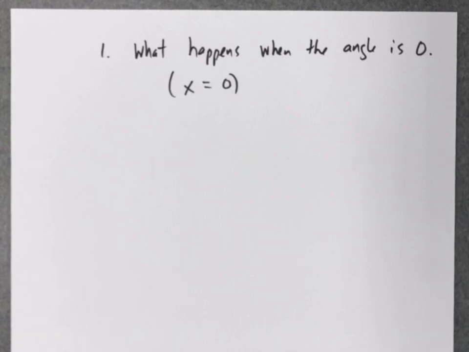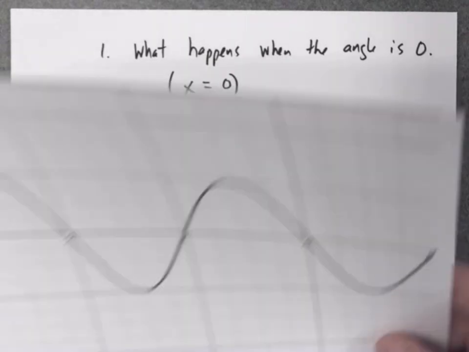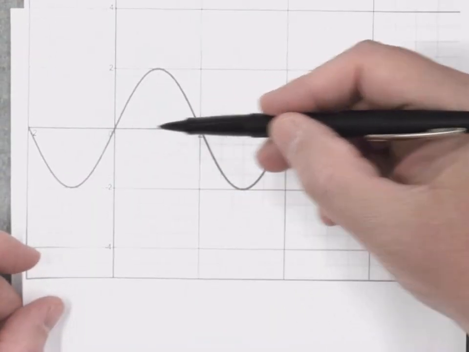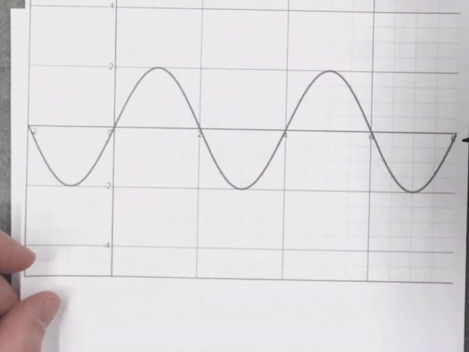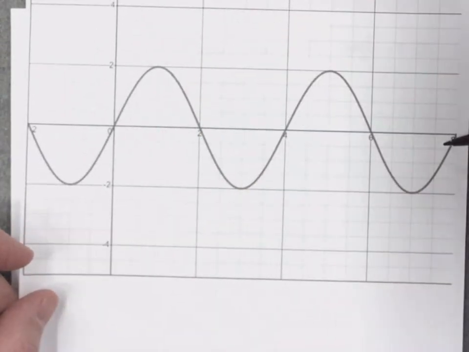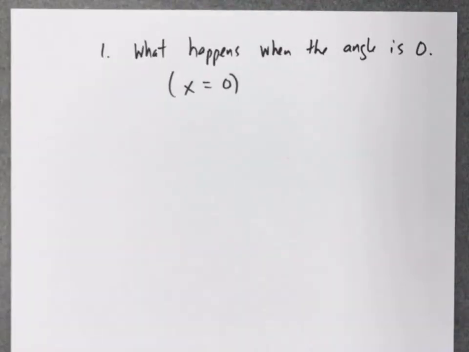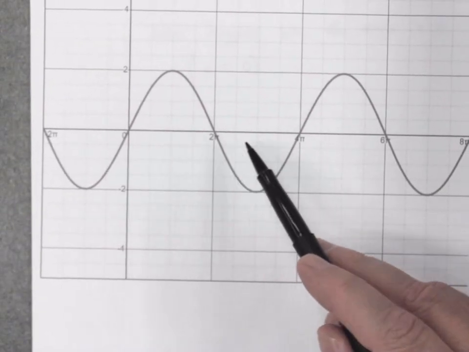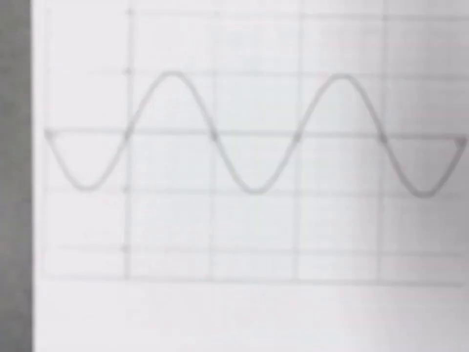If I throw up one of these graphs, here's the x-axis, which is actually the angle, in radians. Maybe I'll get one that looks more familiar: 0, 2 pi, 4 pi.